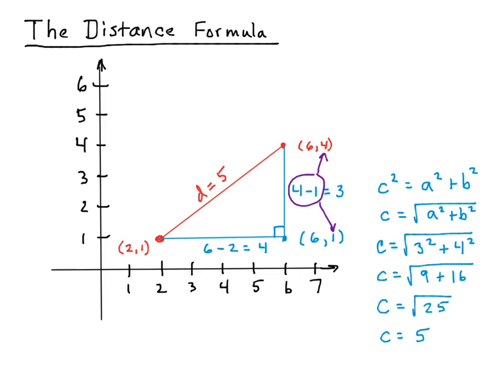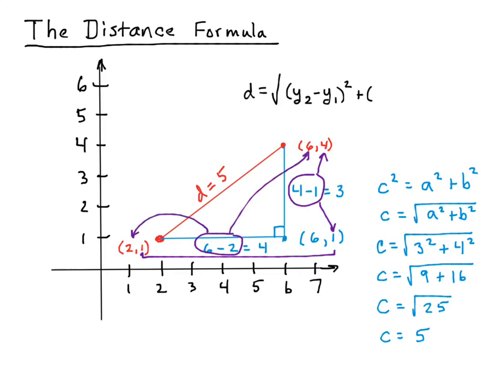Okay, so the y difference is the 4 minus 1, and then the x difference is the 6 minus 2. And so we really have an equation that looks like this, and it looks way more complicated than it really is.